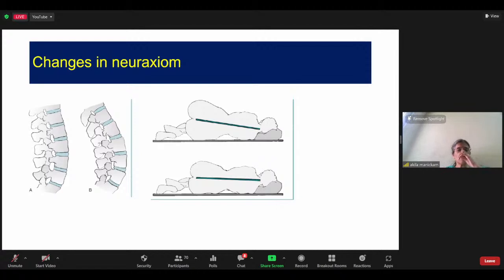And when you look at the neuraxial changes, there is an exaggerated lordosis. What does that do? It often leads to technical difficulty in identifying your interspinous space because it gets narrow. The other thing is, because of increased weight gain and an increase in plasma volume, there is some amount of edema.